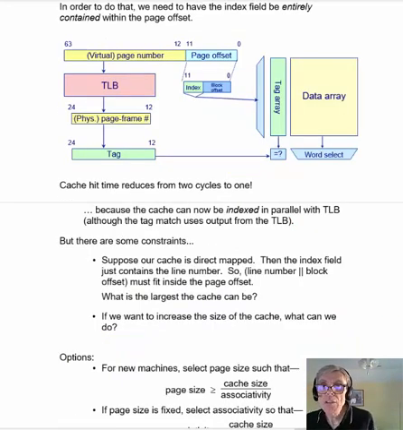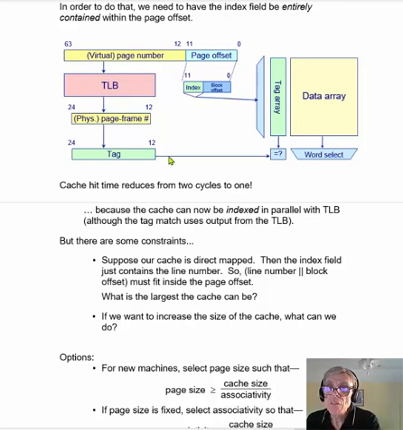Suppose our cache is direct mapped. This means the index field is just the line number. So the line number concatenated with the block offset must fit inside the page offset. Now if I tell you the line number and the block offset, that completely determines where in the cache this field resides.